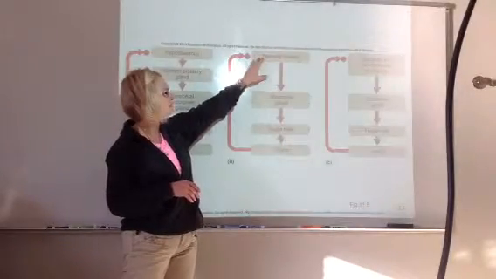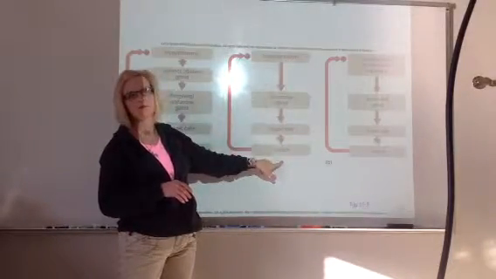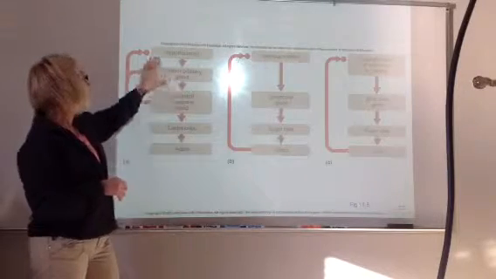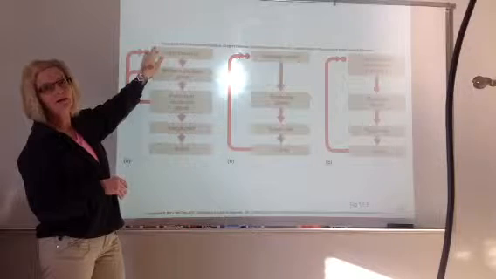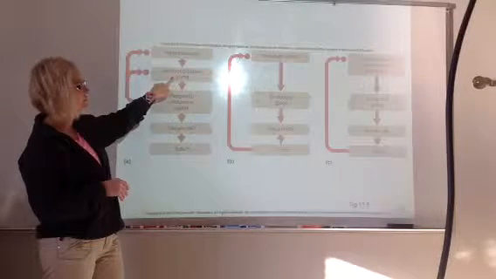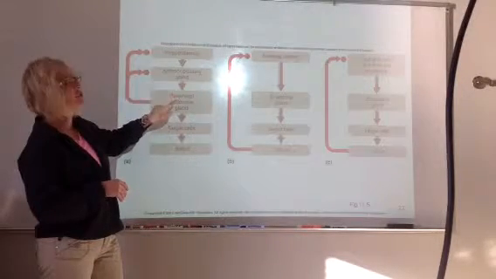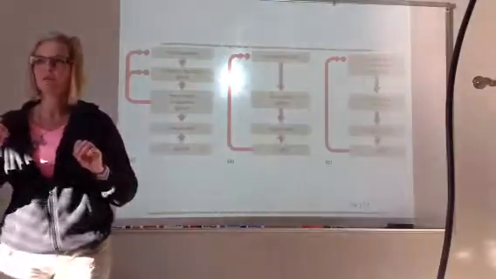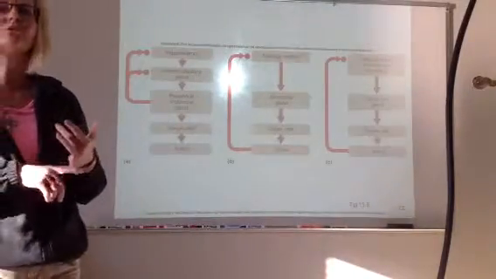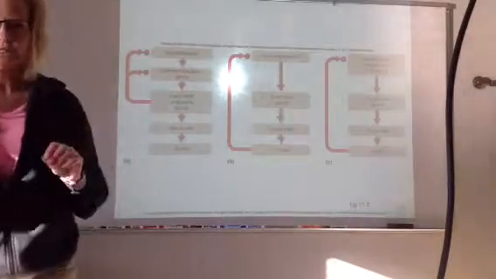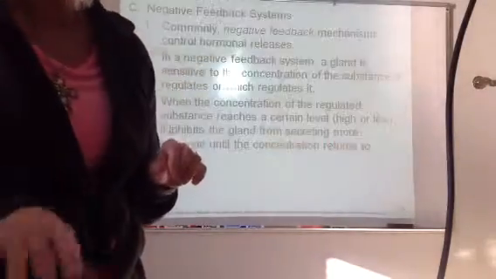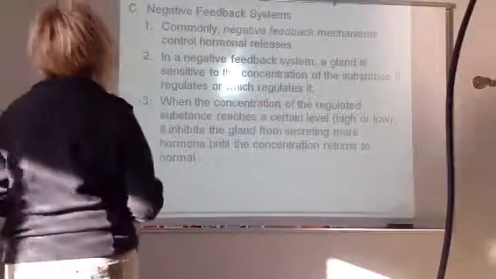The nervous system controls it, the gland goes straight to where it's supposed to. Here, there's a two-step process. So it starts with your hypothalamus, then goes to an endocrine gland, which then goes to another endocrine gland. Your pituitary is called the master gland because it regulates a lot of other endocrine glands.